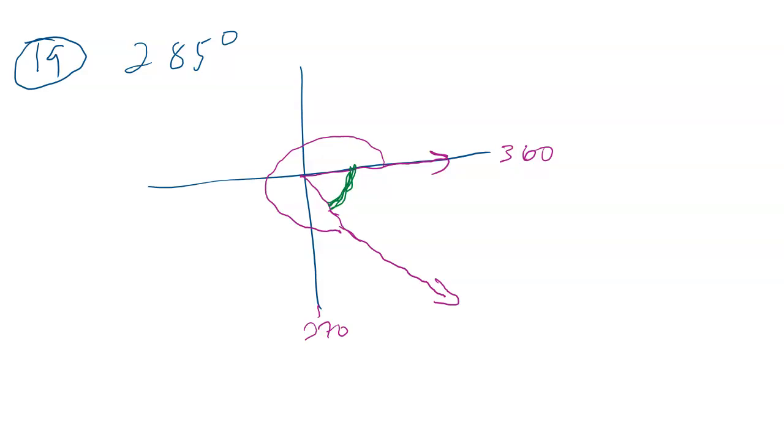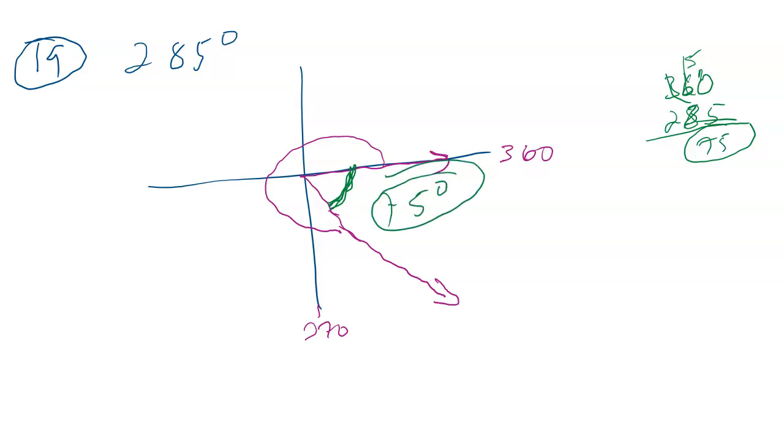So is that 55 degrees? Let's do some math here. 285, subtracting. Gonna borrow. It's gonna turn to 5. So here's 5. I have to borrow again. That's 15. I guess it's 75 degrees. Does that make sense? Yeah, that makes sense. This 75 degrees is my reference angle, the thing we're looking for.